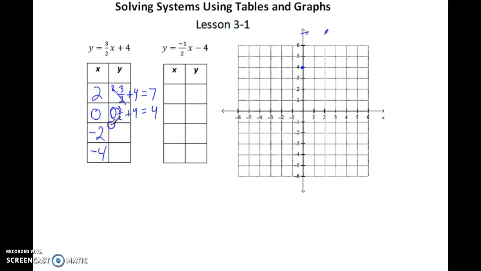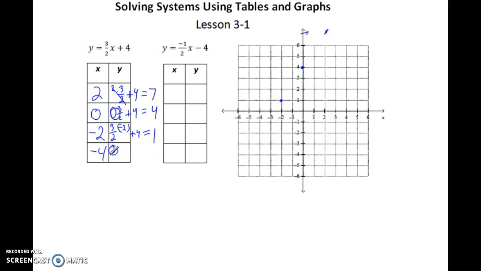Plug in -2, so 3 halves times -2 plus 4 is, let's see, that's going to cancel but leave a negative behind. So I'll have -3 plus 4 is 1. So -2 comma 1, just like here.